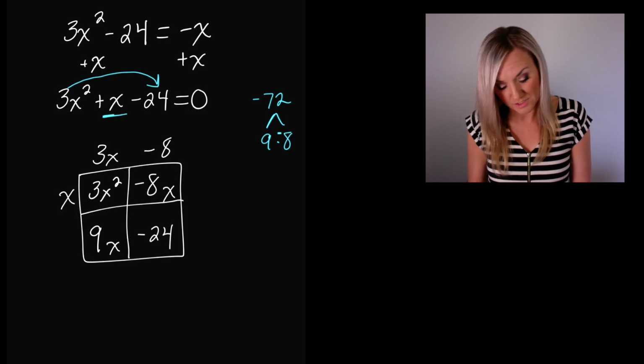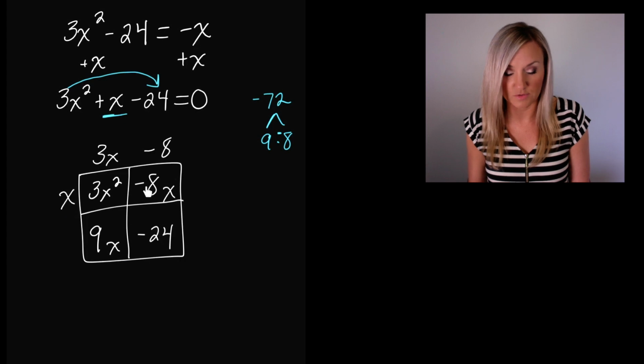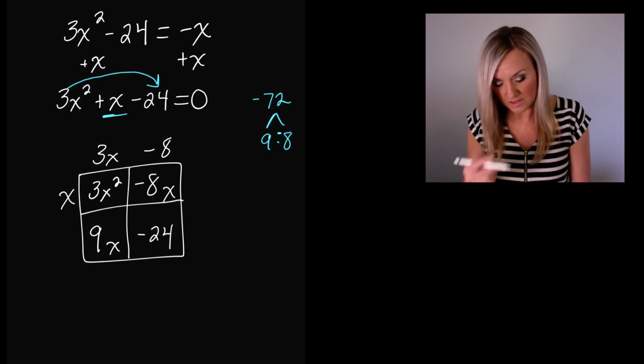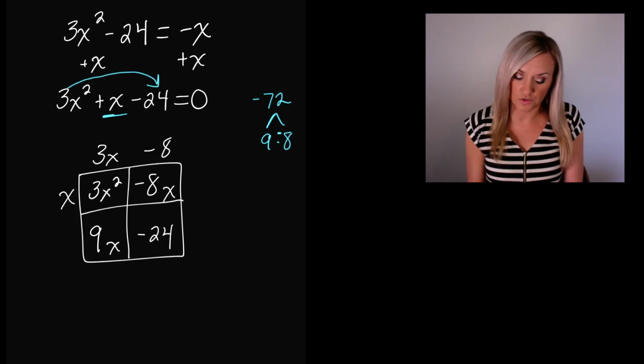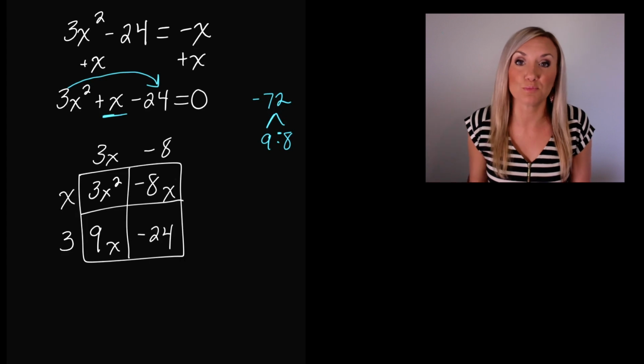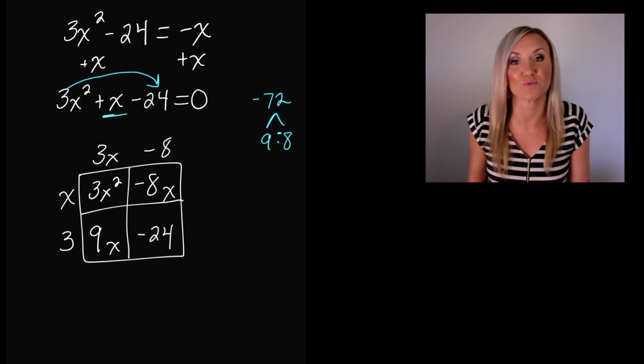That spot has to be a negative 8 because negative 8 times x gives me a negative 8x. Then this spot has to be a positive 3, because 3x times 3 gives me my 9x, and 3 times that negative 8 is negative 24.